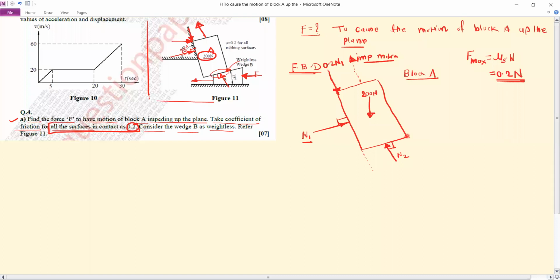Now observe the friction force at this contact surface. When the wedge B is sliding in this direction, this contact surface will slide in the opposite direction to the motion of the wedge B. So for this contact surface, the impending motion is like this. We can show the impending motion direction like this.